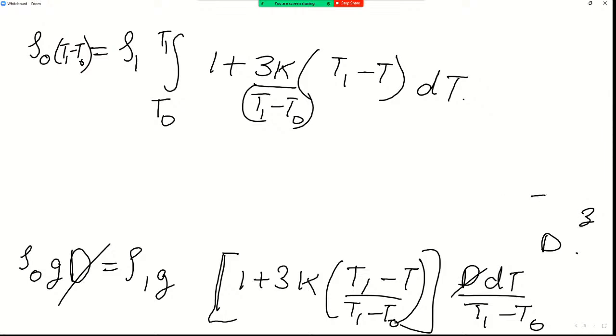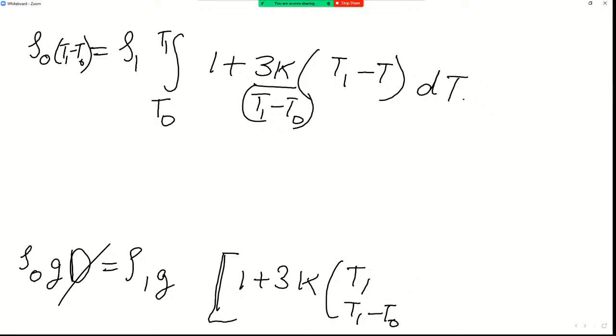T1 minus T0 is just constant. So this integral is easy, a direct linear integral.